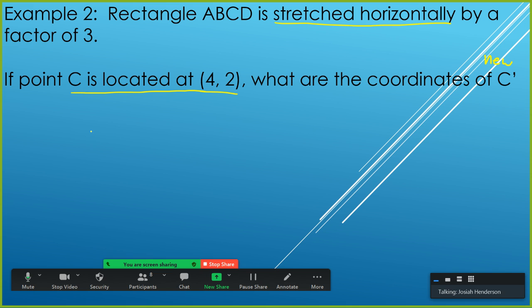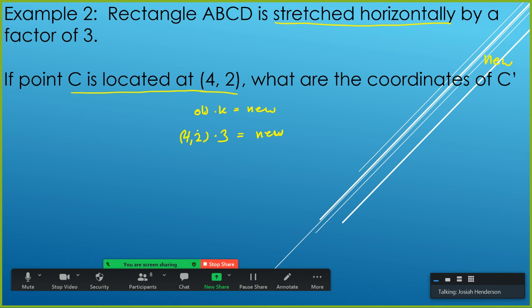So we don't know the locations of all the other points here, but it doesn't matter. We're only looking for the new C, and they told us the old C. Old times k is equal to new. So the old C point is at 4, 2. The scale factor is 3. And we're looking for new.